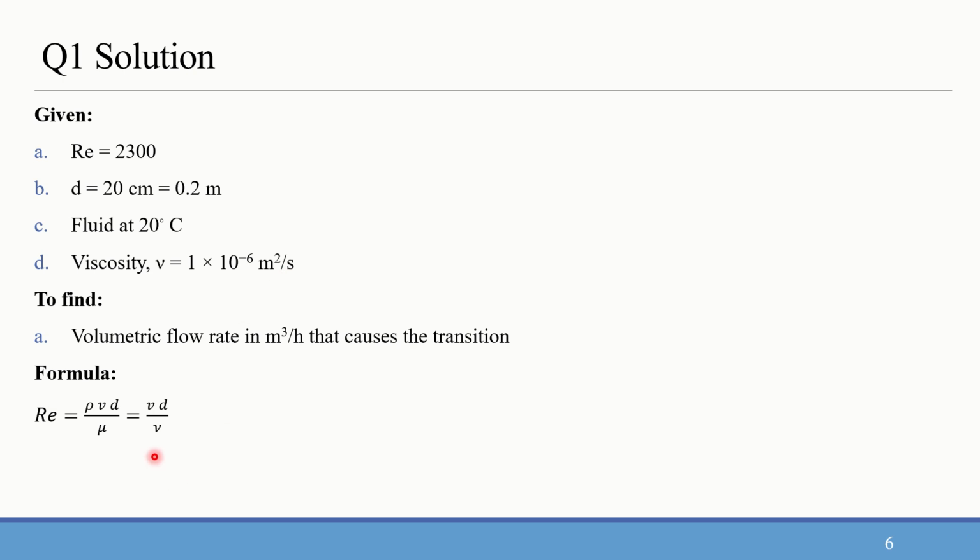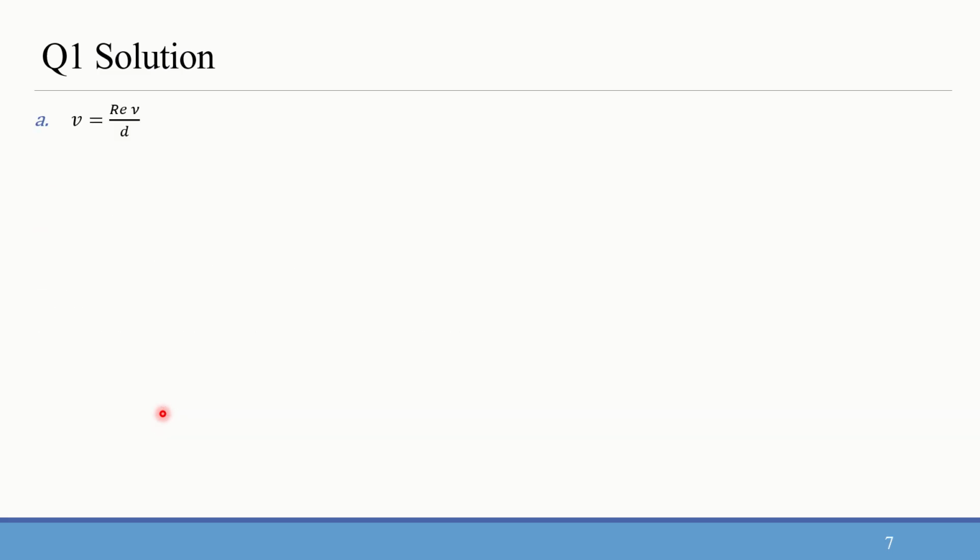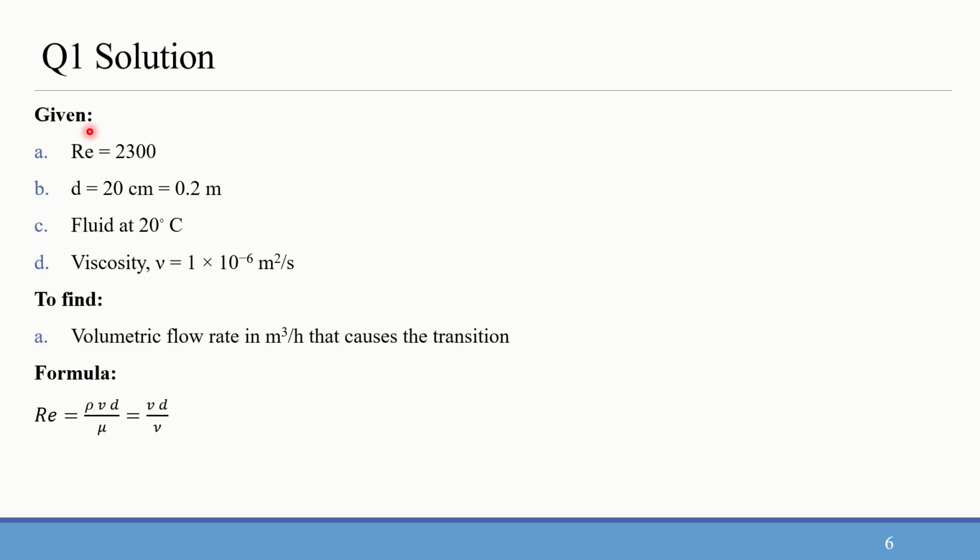Now, if we take nu to the other side, we get nu is equal to V into d by Re. Okay, not nu, V we need to find. So V is equal to Re into nu by d.